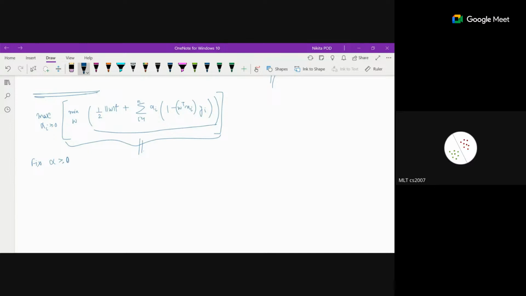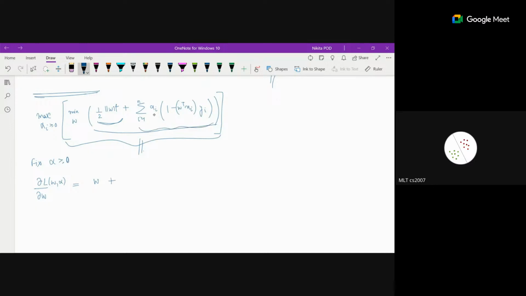So if we take the derivative of this, what do you get? If you take the derivative of L of W, alpha with respect to W, because we want to minimize this with respect to W, then you get W, since the derivative of half norm of W square is just W, plus what will you get here?